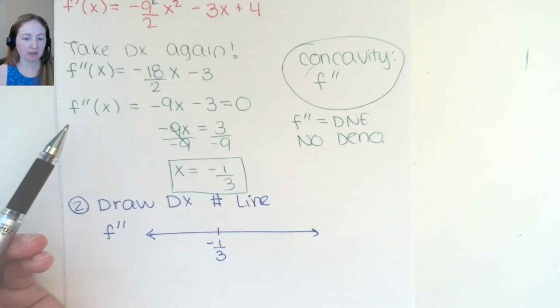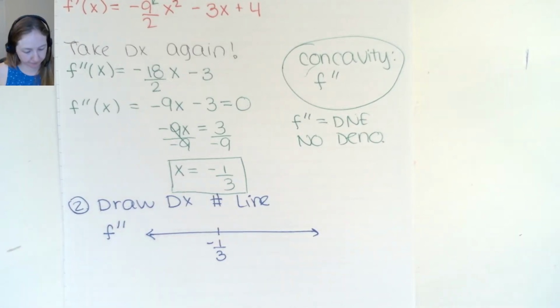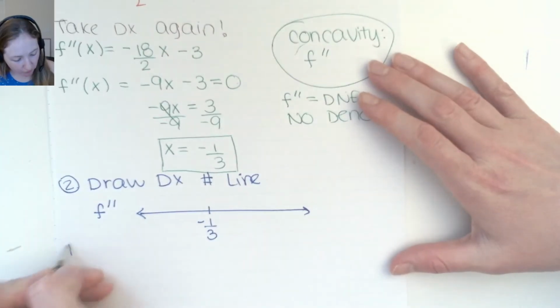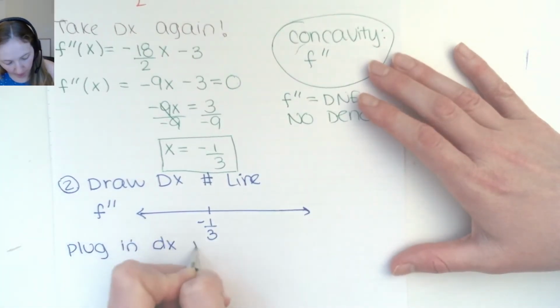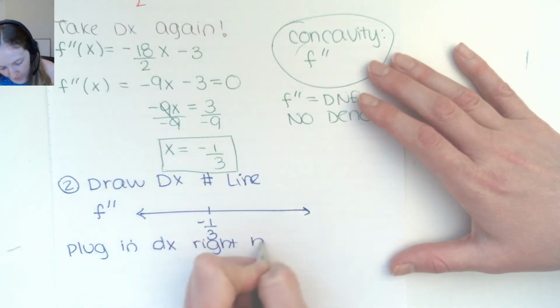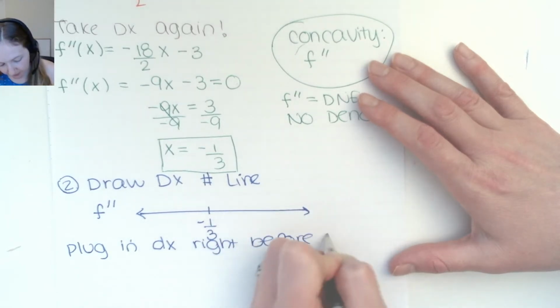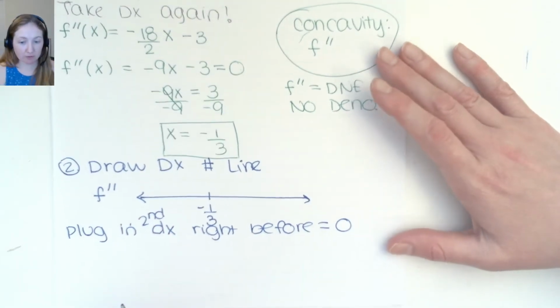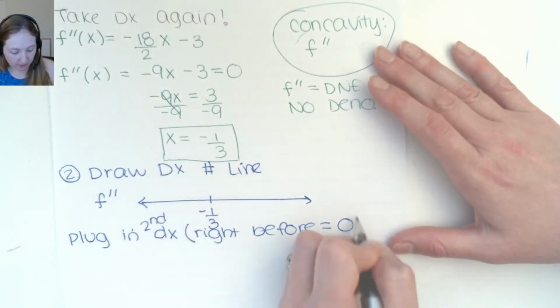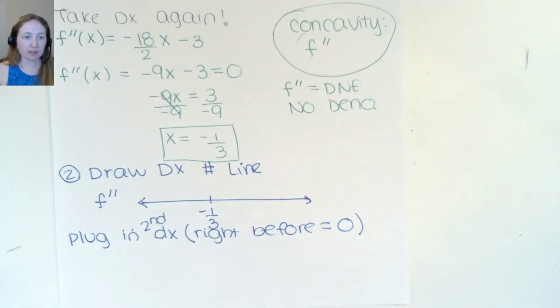It's just where the second derivative equals 0. And just like we did with our previous process, we're going to plug into the derivative right before we set it equal to 0. So specifically now it's the second derivative that we're plugging into, but it's the one right before you set it or right as you were setting it equal to 0.